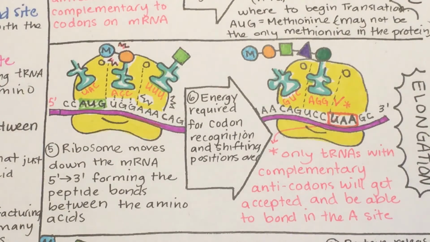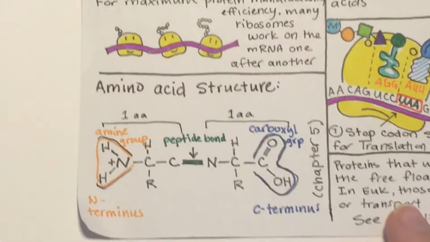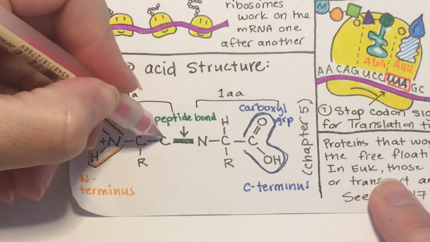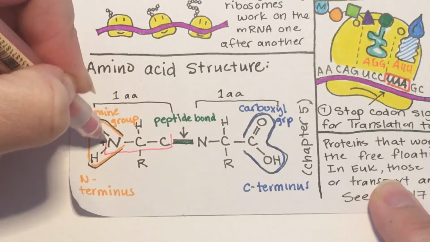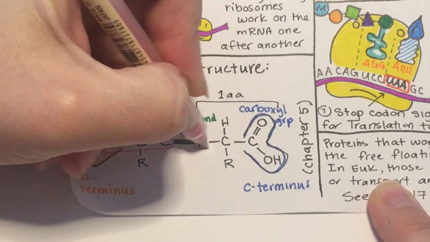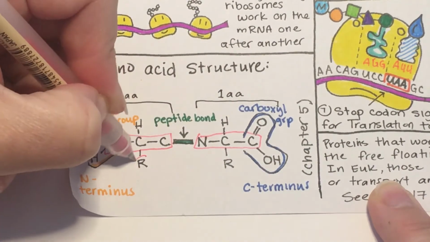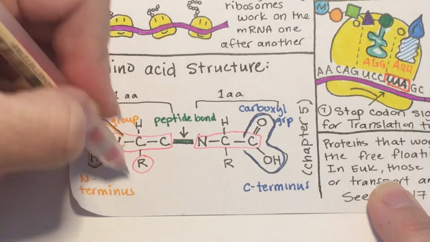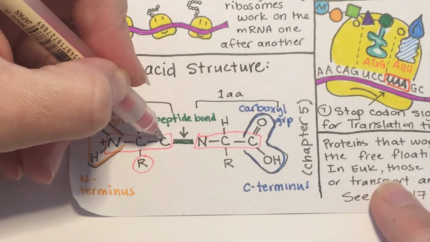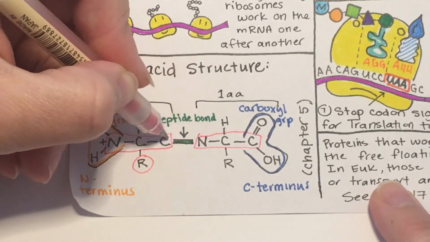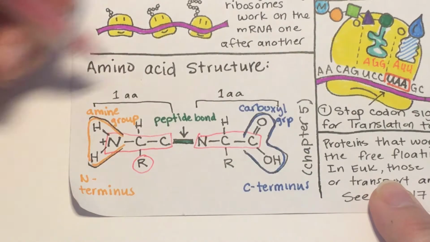If you forget what the peptide bond is, I've got that down here in the corner. So remember, each amino acid goes NCC, NCC, right? An amine group, the central carbon with the unique amino acid R group, and the carboxyl group. And that carboxyl group bonds with a peptide bond to the next amino acid group.